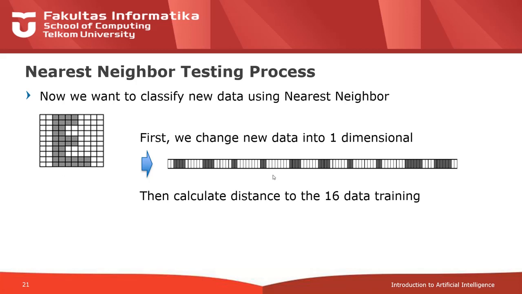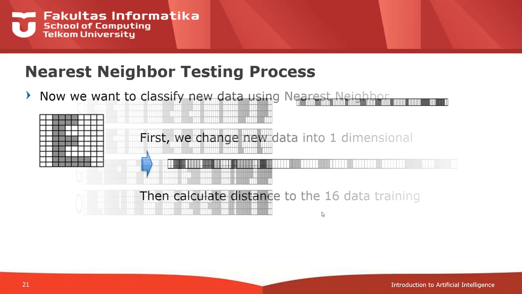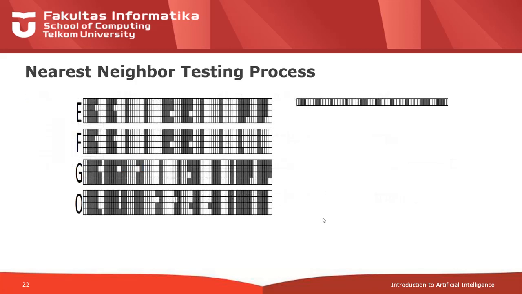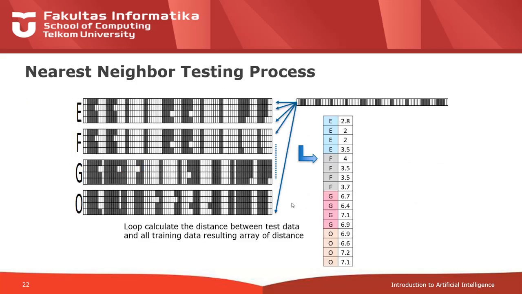If you use L1, that is the Manhattan formula. If you use L2, that is the Euclidean formula. After using that formula, we have the distance between this test data and each of the training data.